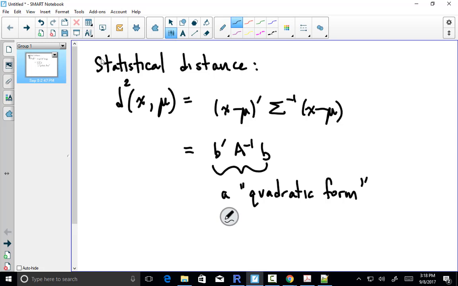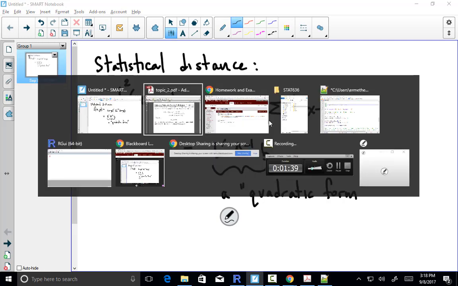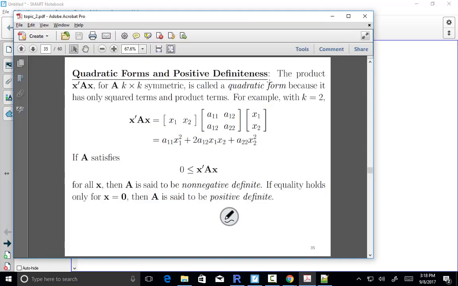What's the distance between the two? Statistical distance comes into play there. This quantity is right in the middle of the definition of the multivariate normal PDF. In your homework, you need to code up the multivariate normal. And in the exponent of its PDF is that expression. So we care about quadratic forms.